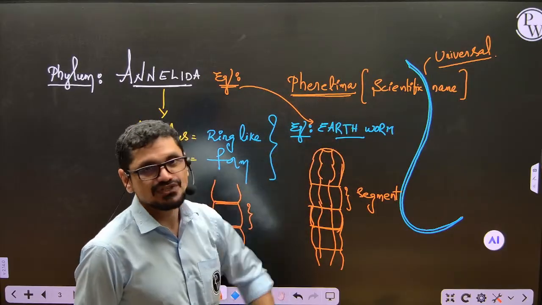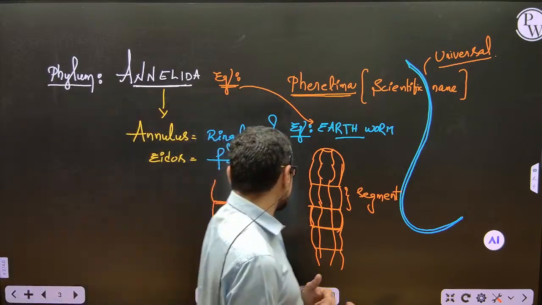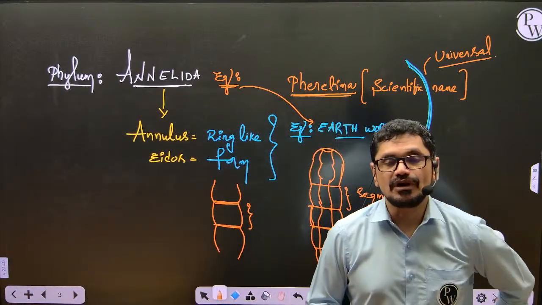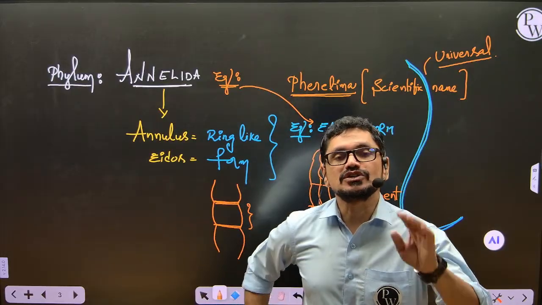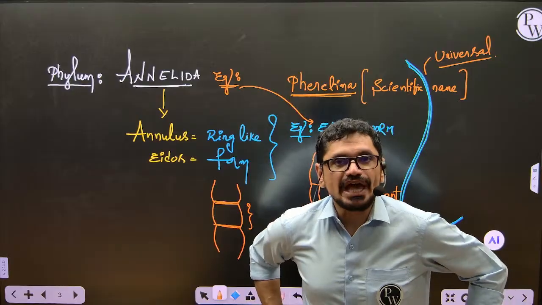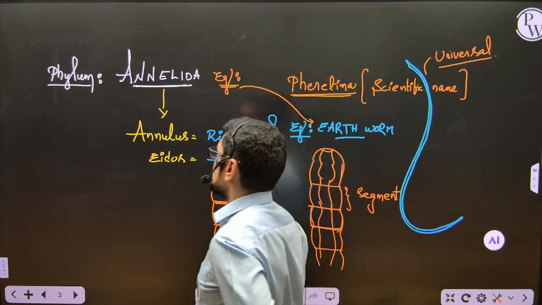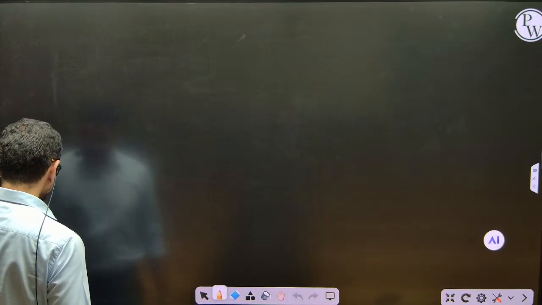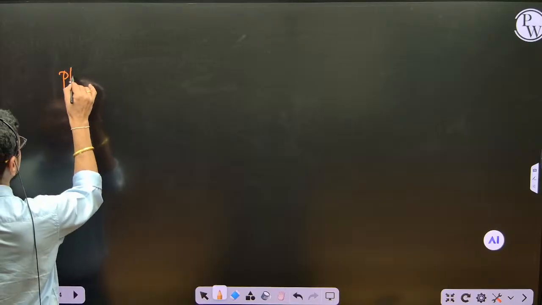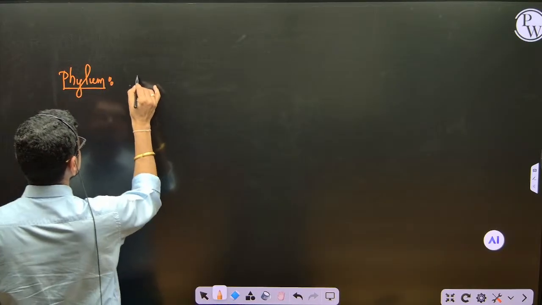So in order to have uniformity, we have given a specific scientific name to the animal in order to address the animal. Okay, and that's it. Annelida is over, and now the next phylum is Arthropoda.